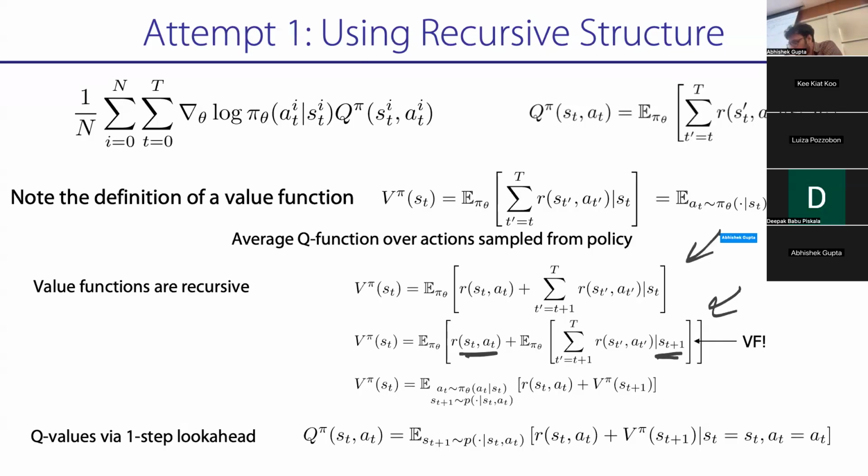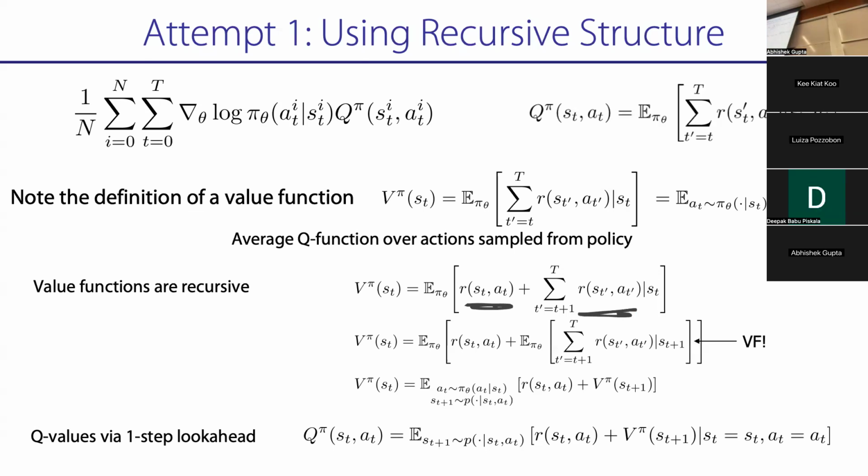So all three lines of these are equivalent. Let's work through why they're equivalent. The first line is saying you want to sum up the rewards starting from the first time step and then all the time steps in the future. Let's separate out the first step from all the other time steps.